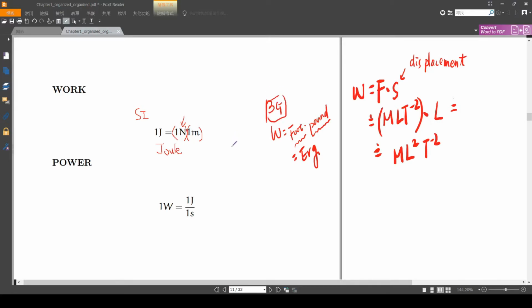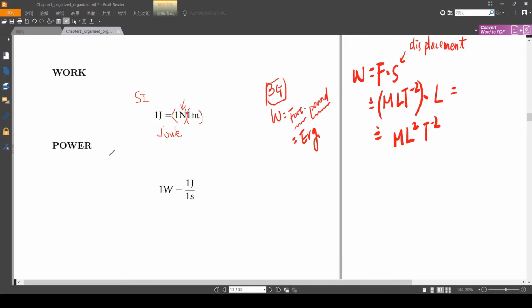Okay, and then the last one is power. Power is the rate of doing work. So actually, the unit of power W here is the watt, right?